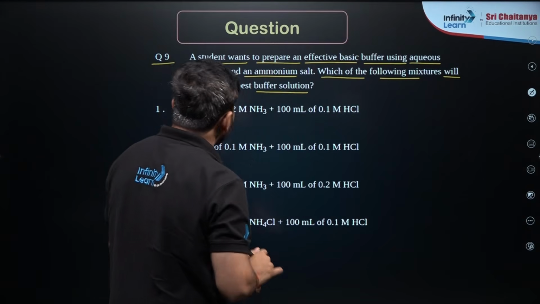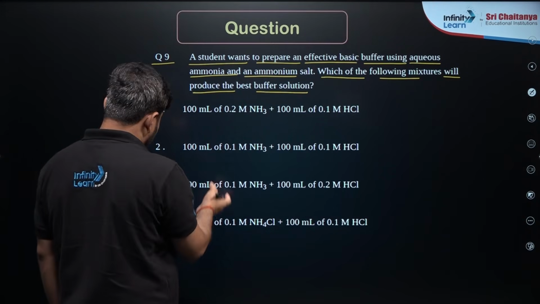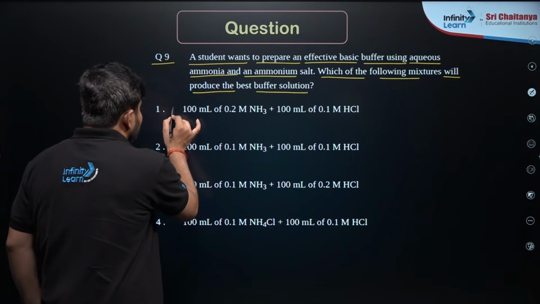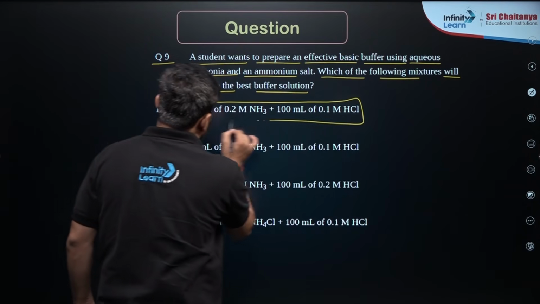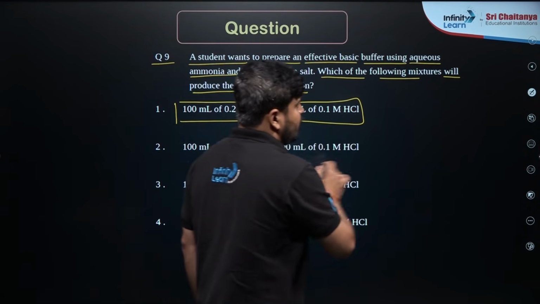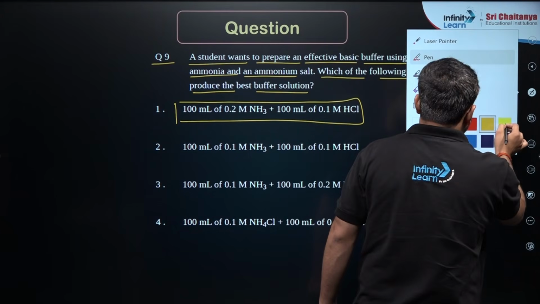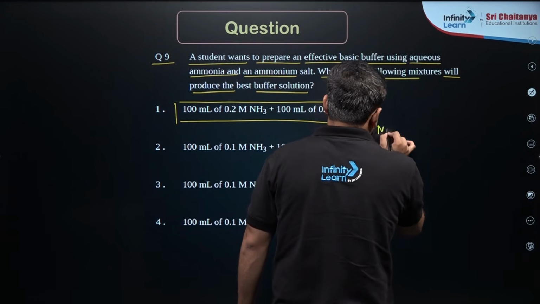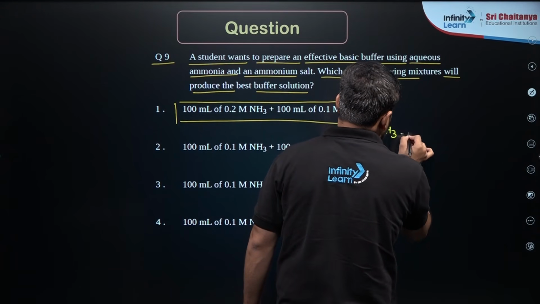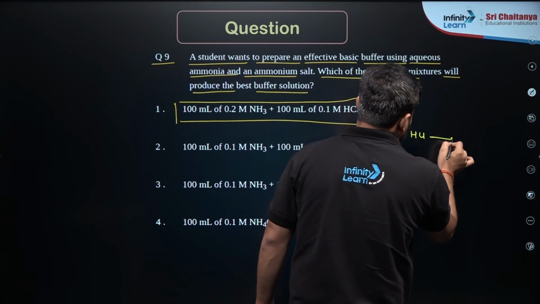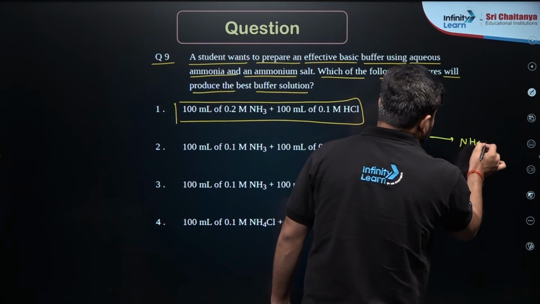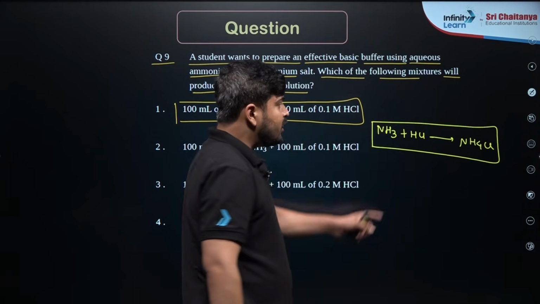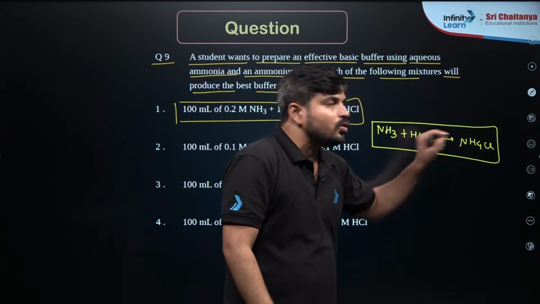If I discuss one by one, in all other options the amounts are almost equal. Considering this option, what we can do is firstly write the reaction of NH3 plus HCl. This is going to convert into NH4Cl. So if NH3 reacts with HCl, it converts into NH4Cl.